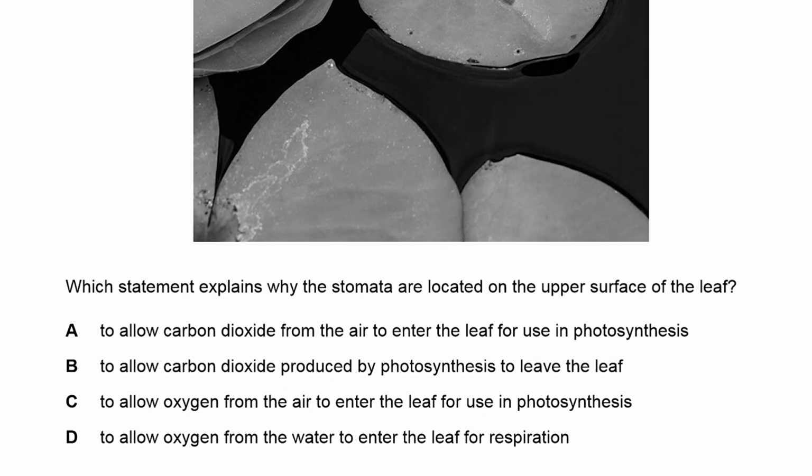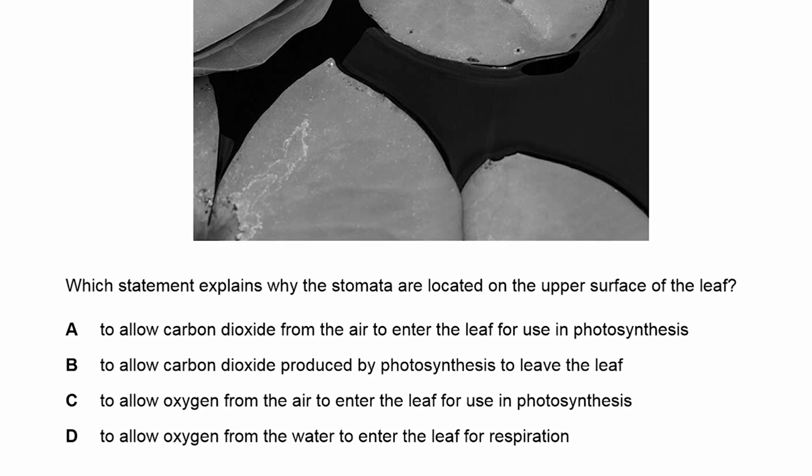To allow carbon dioxide produced by the process of photosynthesis? No, photosynthesis does not produce carbon dioxide. It uses carbon dioxide. To allow oxygen from the air to enter the leaf for use in photosynthesis? Oxygen is not used for photosynthesis, rather it is used for respiration. But of course, this oxygen can dissolve in water. They can use dissolved oxygen. So definitely it's going to be A.